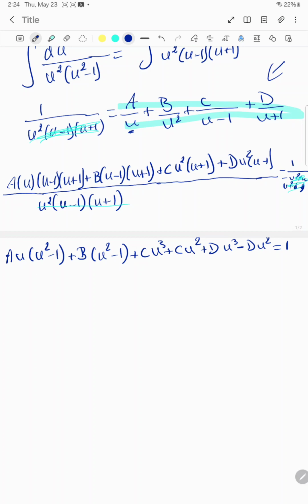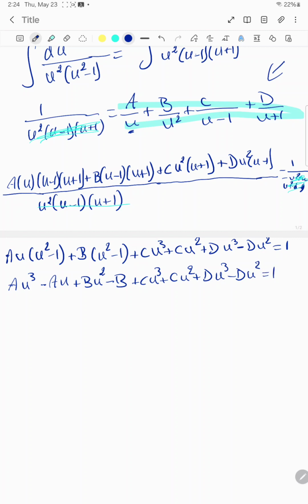So let's develop those parentheses that are here. It becomes a u to the power of 3 minus a u plus b u to the power of 2 minus b plus c u to the power of 3 plus c u to the power of 2 plus d u to the power of 3 minus d u to the power of 2 equal to 1.